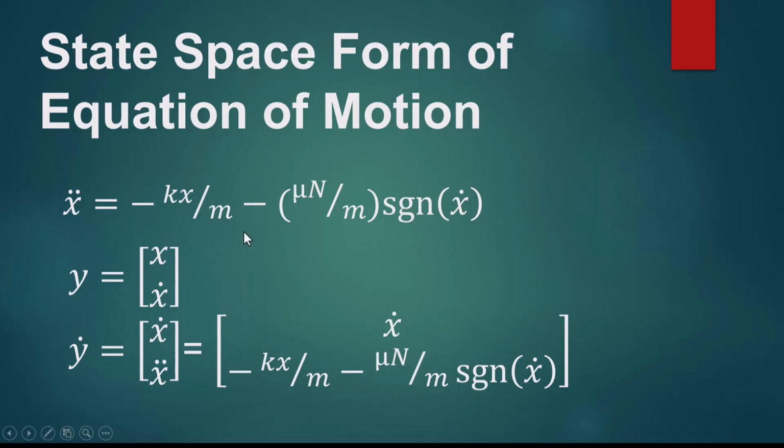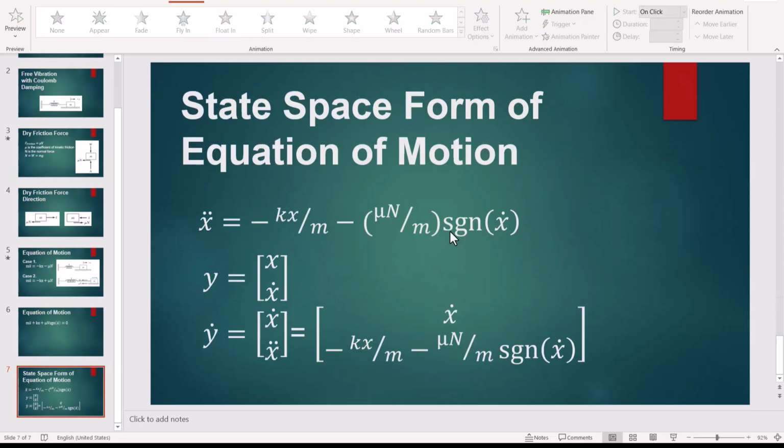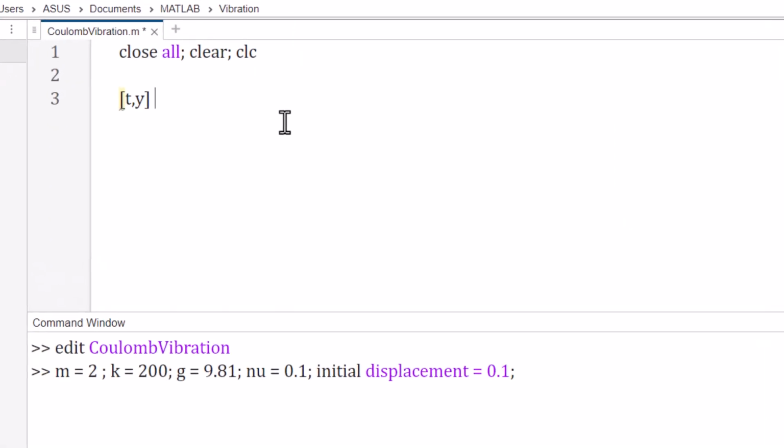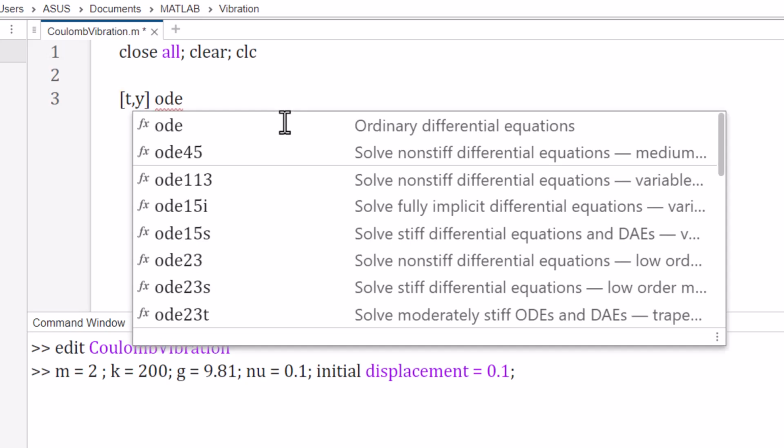So you cannot expect to find an analytical solution for this equation. But we can solve this equation numerically, and that's what I'm going to do using the ODE45 function. If you are not familiar with ODE45, please check my other tutorial regarding that.